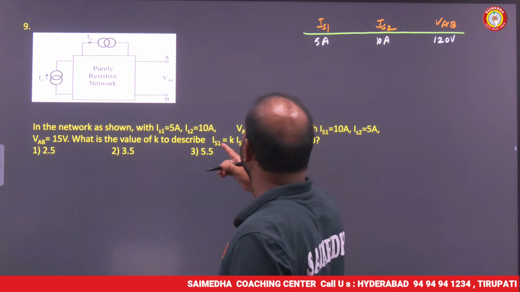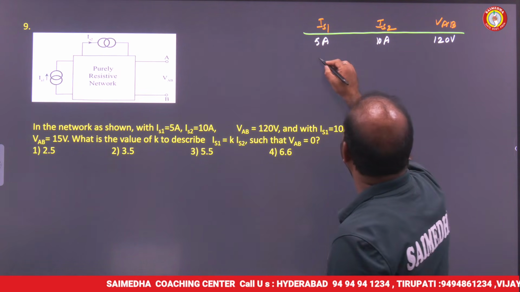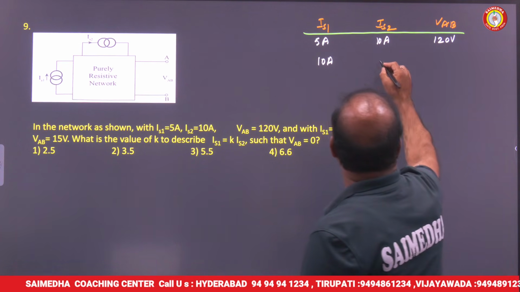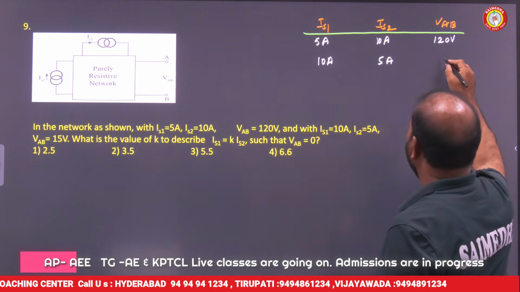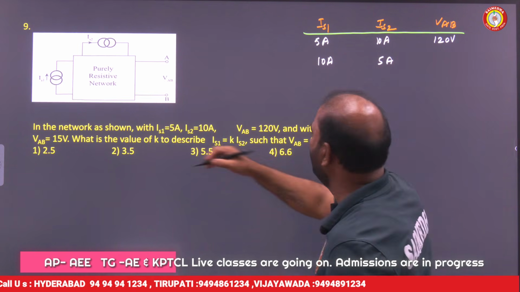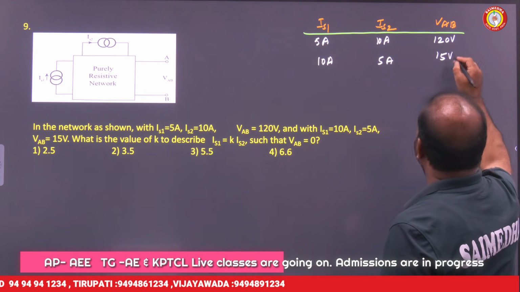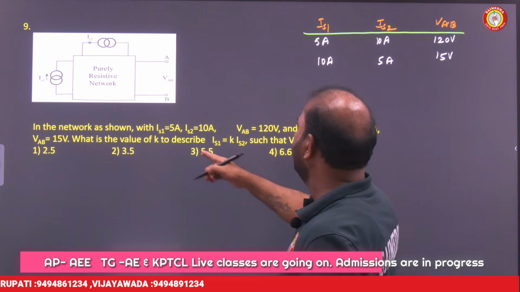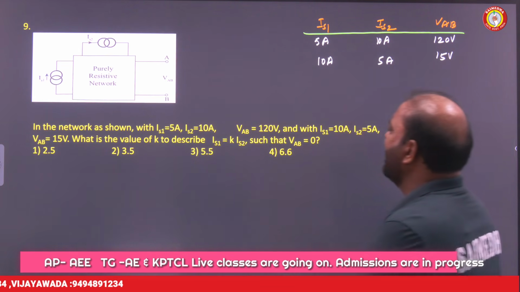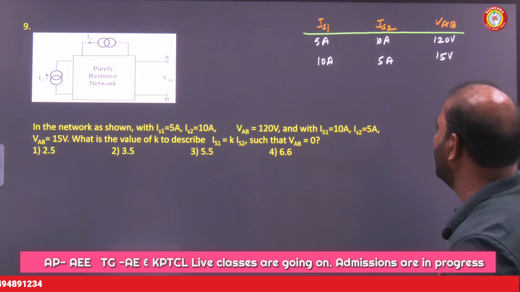When IS1 is equal to 10 amperes and IS2 is equal to 5 amperes, then VAB is equal to 15 volts. He has given 15 volts. So what is the value of K to describe IS1 is equal to K into IS2 such that VAB is equal to 0?